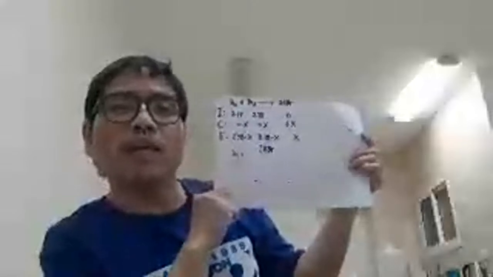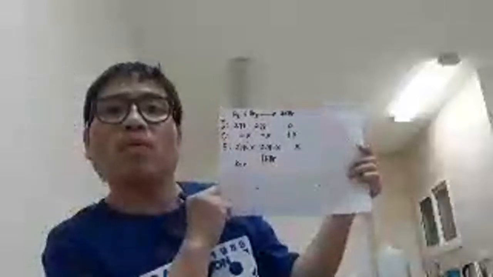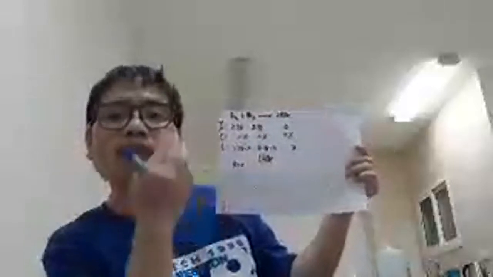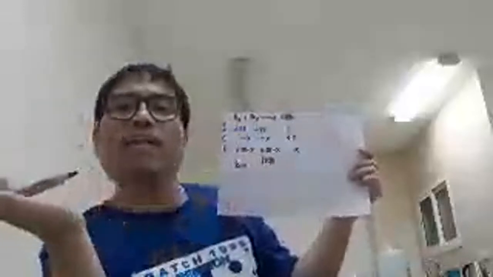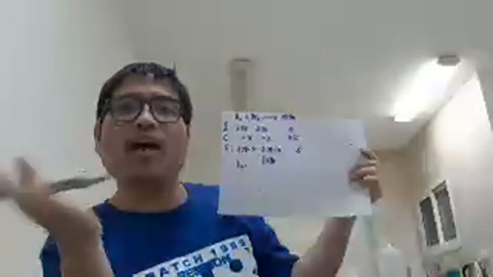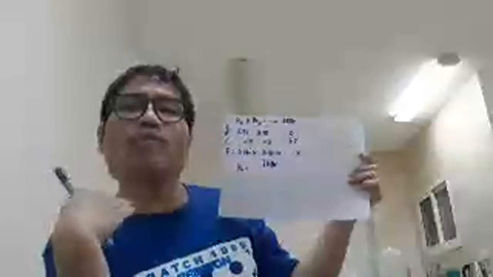Okay, let's review so that we will not be wrong. I already did the discussion, but it's better to review. Personally, I also review after solving. During the chemical engineering board examination, after I solve, I have to review it.